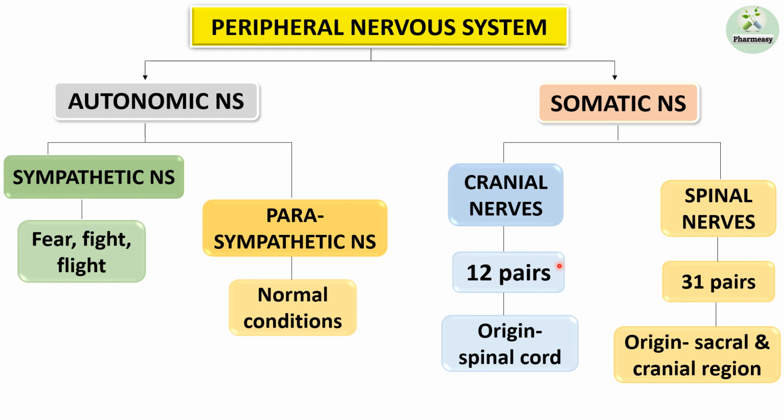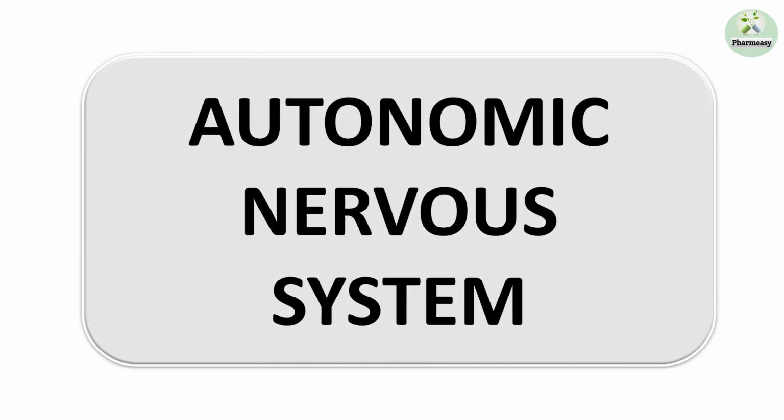There are 12 pairs of cranial nerves, which originate from the brain. And 31 pairs of spinal nerves originate from the spinal cord. So, our next topic will be autonomic nervous system.